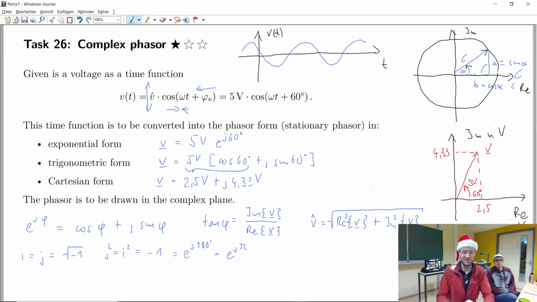So with this we can do conversion in the one direction, conversion in the other direction. Why do we need these different forms?